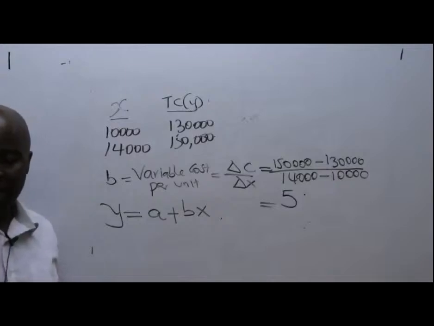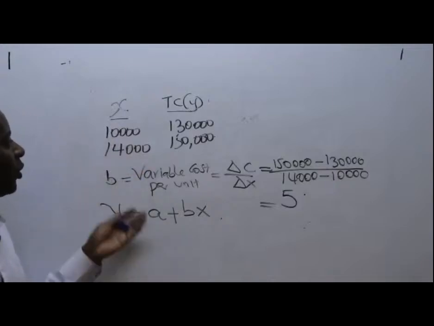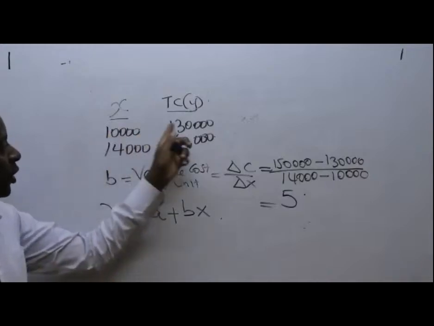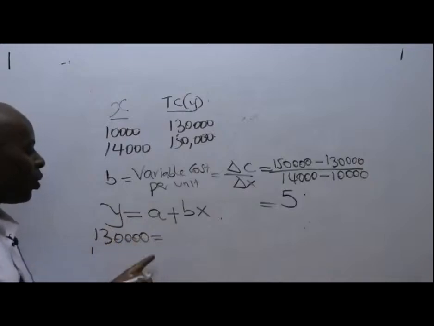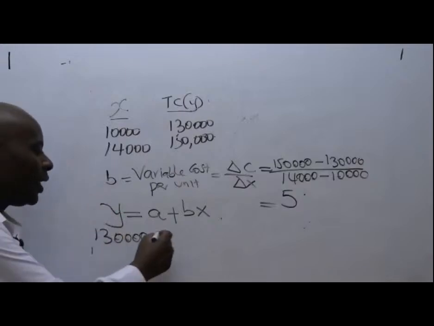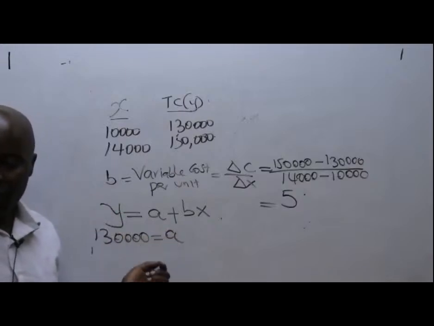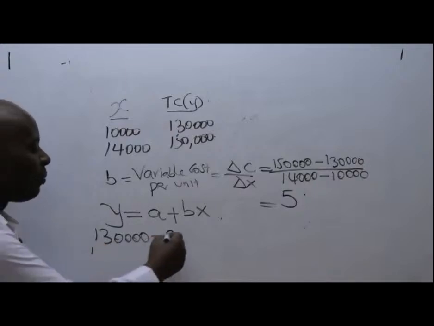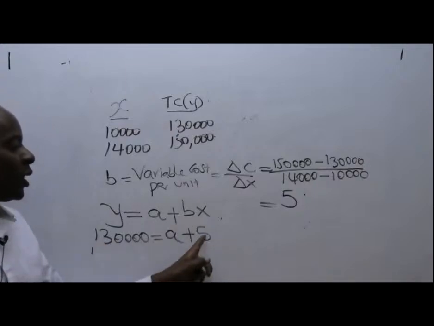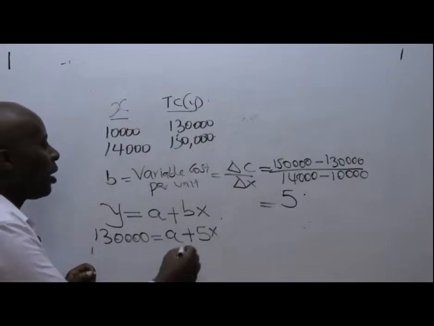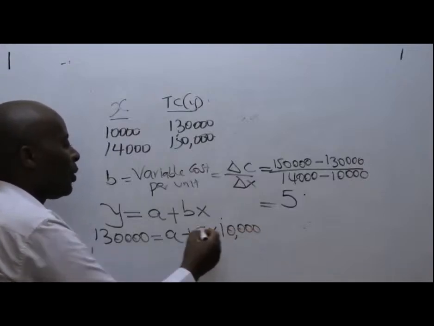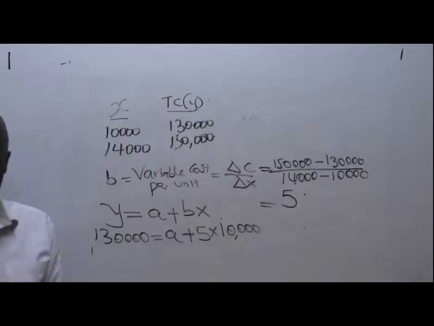You pick any of the two points. For the first one, my y is 130,000, which will be equal to A, the fixed cost, plus B that you have just obtained, which is 5, times X for the first point, which happens to be 10,000. So could you kindly give us A? A will be equal to what?